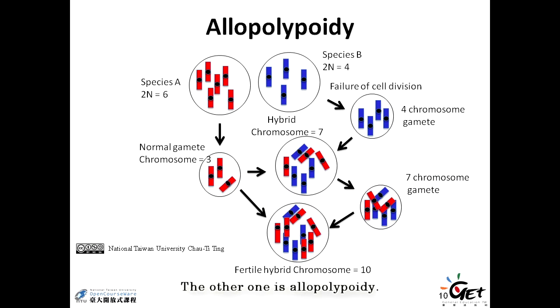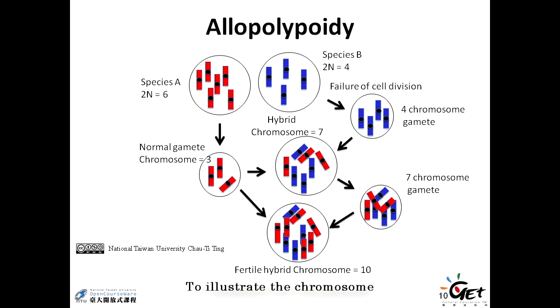The other one is allopolyploid. Allopolyploid involves at least two different species, as shown on this slide. This slide shows two different species, and this is just one of the possible ways to form an allopolyploid individual. There are different ways to produce a very similar case.